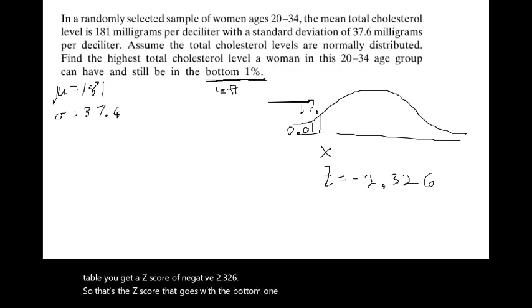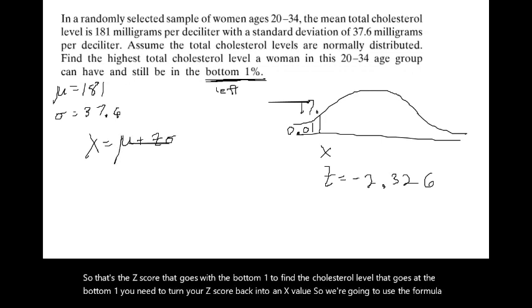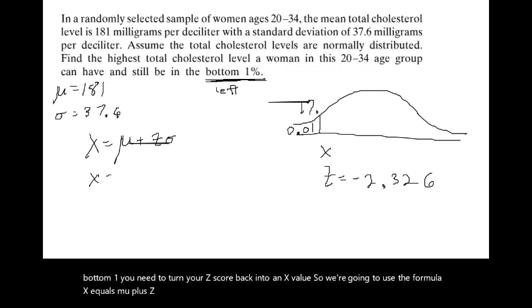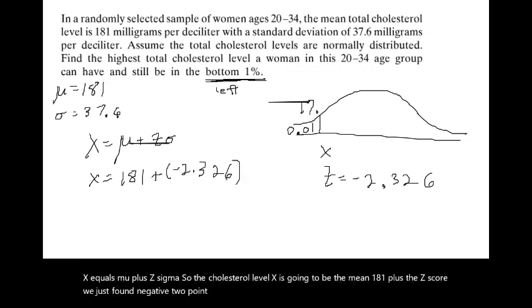To find the cholesterol level that goes with the bottom 1%, you need to turn your z-score back into an x value. So we're going to use the formula x equals mu plus z sigma. The cholesterol level x is going to be the mean 181 plus the z-score we just found, negative 2.326, times the given standard deviation, 37.6.